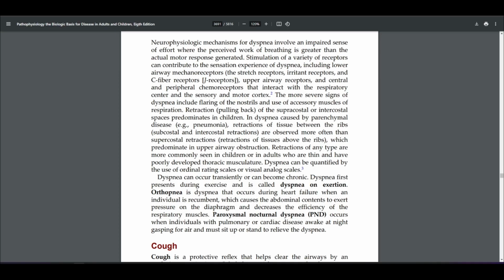The more severe signs of dyspnea include the flaring of the nostrils and the use of accessory muscles of respiration. Retractions, or pulling back of the supracostal or intercostal spaces, predominate in children. In dyspnea caused by parenchymal disease, such as pneumonia, subcostal or intercostal retractions, retractions of tissue between the ribs, are observed more often than supracostal retractions, retractions of the tissues above the ribs, which predominate in upper airway obstruction.